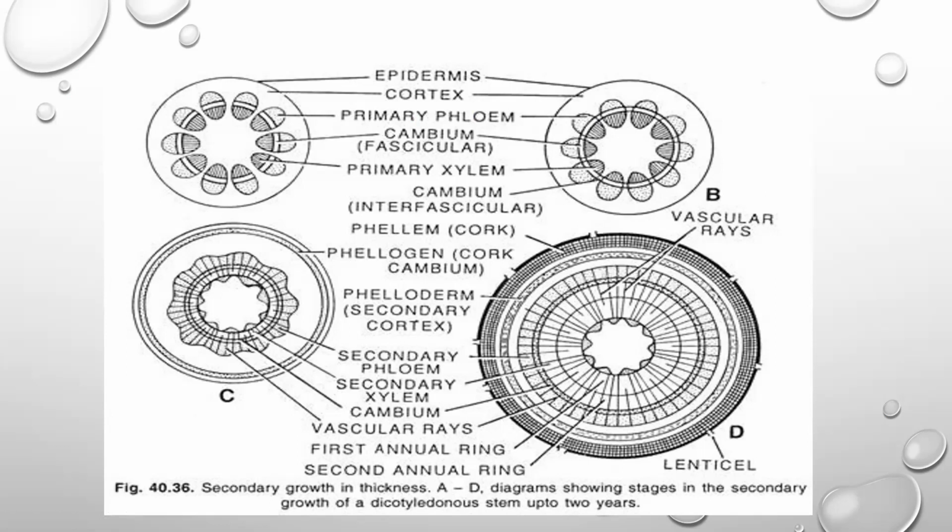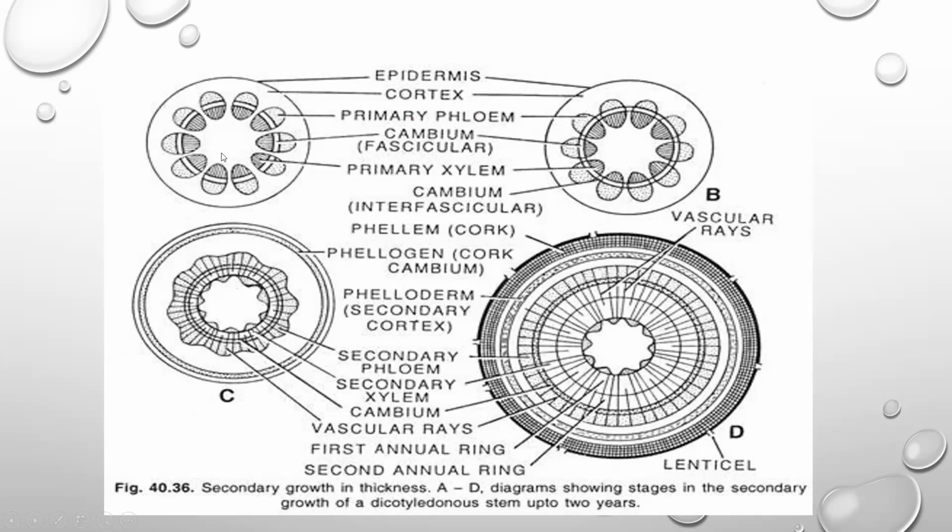They are joined to form a ring. So this is called the cambial ring. During the secondary growth, this cambial ring produces secondary xylem towards the inner side and secondary phloem towards the outer side. In this way the increase in the thickness of the stem will occur.